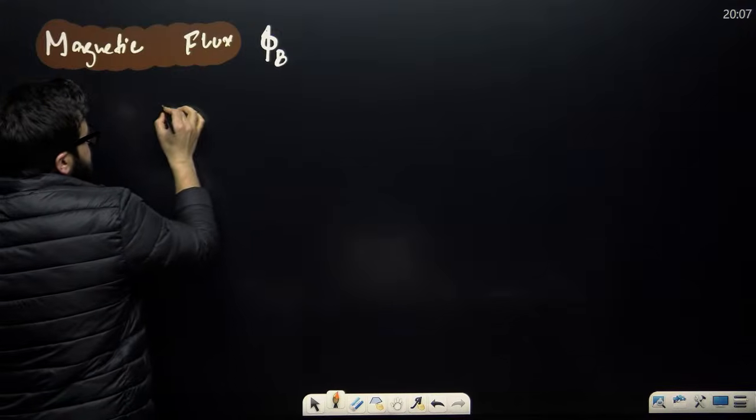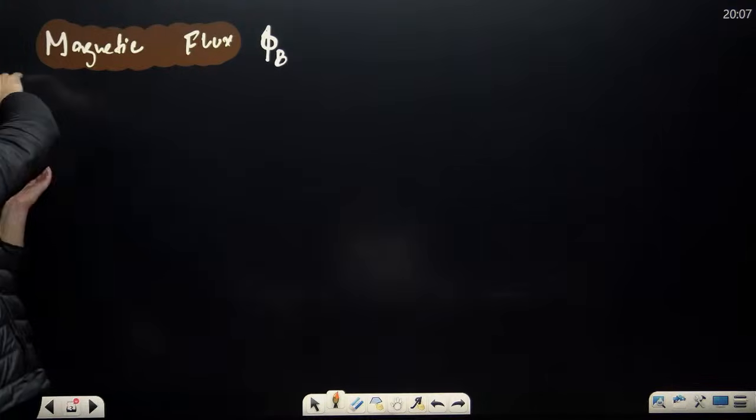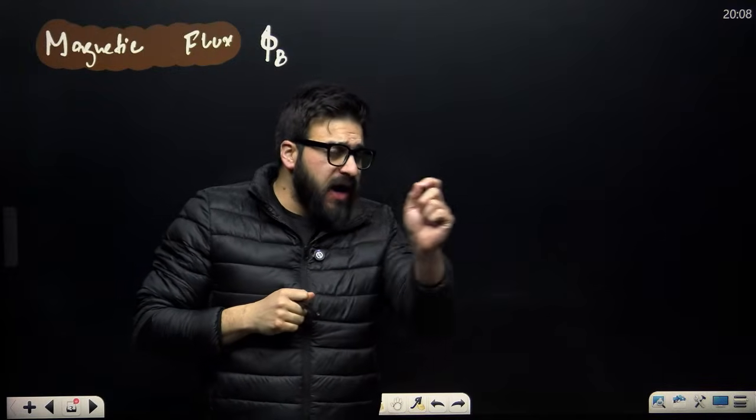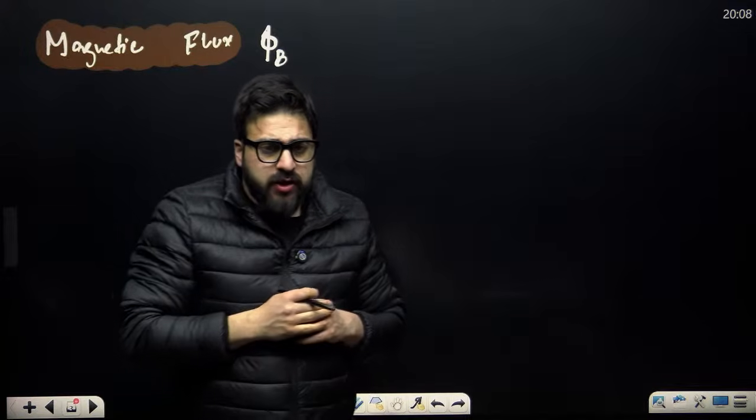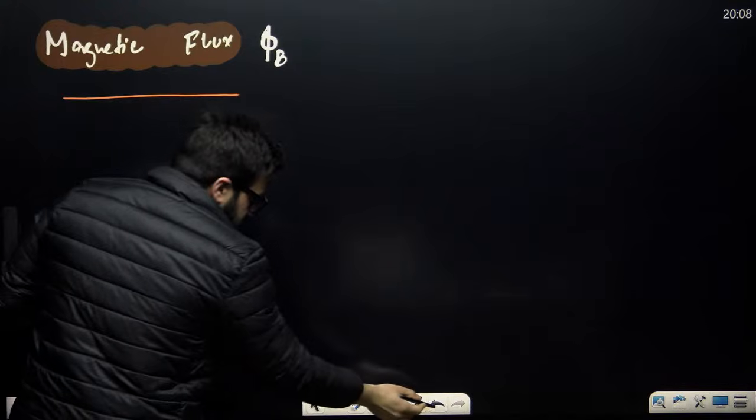Let's suppose you place a bar magnet over here. Because of the bar magnet, we say a magnetic field will be there.